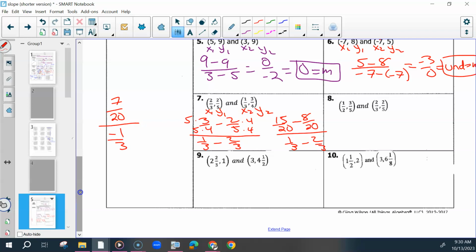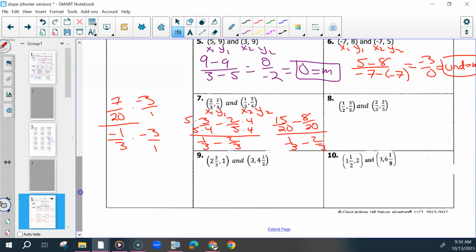Now this still does not look nice. We don't like fractions within fractions. We talked about that previously when we were simplifying. So to get this out of this format, we're going to take this denominator, flip it, and multiply it to both the bottom fraction and the top fraction.